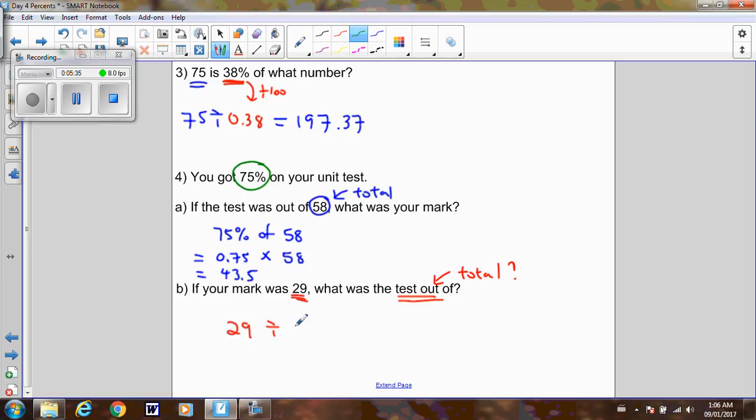So you're going to convert that into a decimal, so it's 0.75. And if you did that, you'll find that the test will be out of 38.7. So that's the total number of marks. It's a kind of odd mark, but that will be the total number of marks on the test. You may round it to 39. It doesn't really matter.